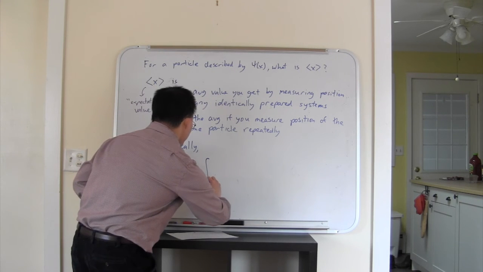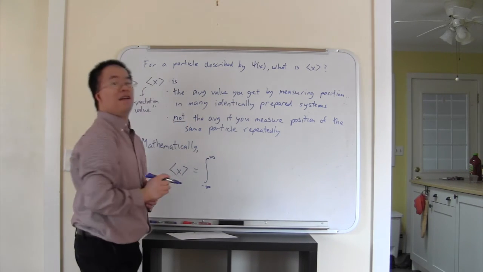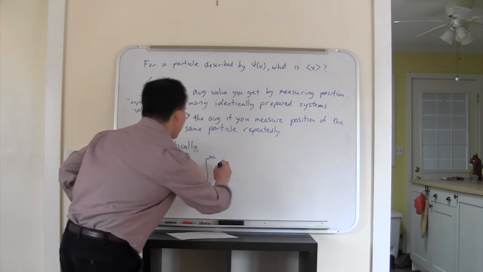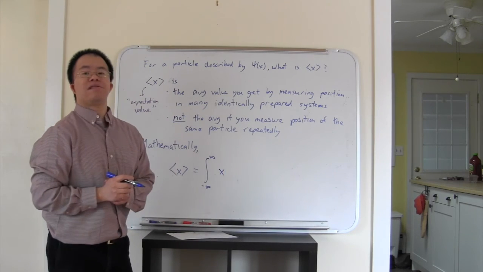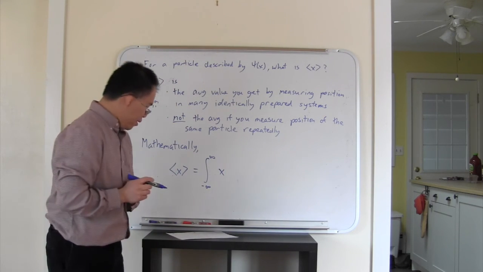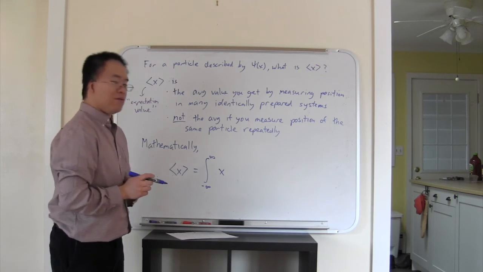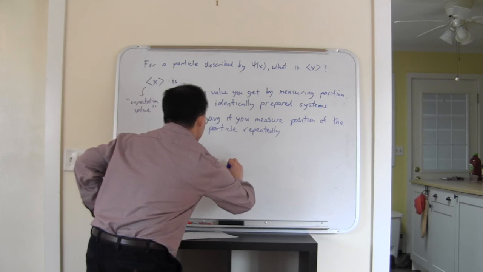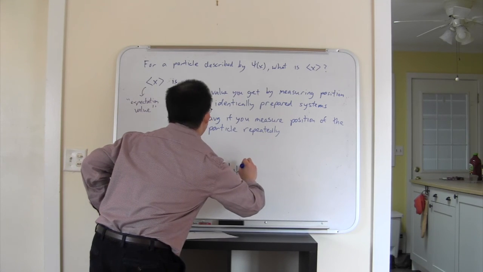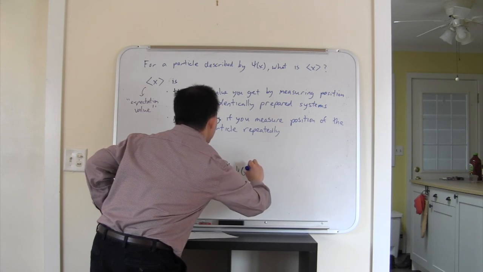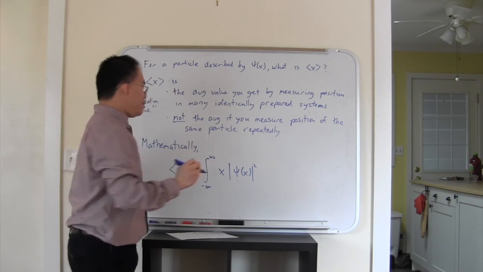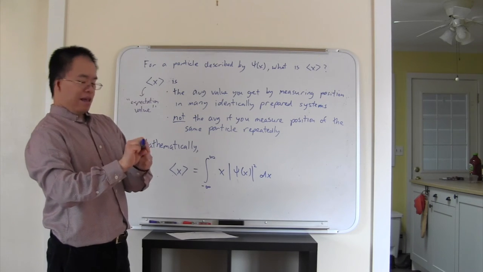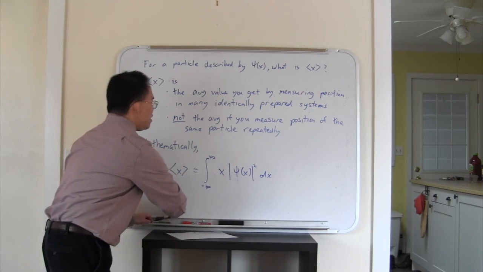It's going to be the integral from minus infinity to infinity of the value of x, times the probability of getting that value, which now comes from our probability density: psi of x modulus squared dx. So it's the same thing as we saw before, those same three elements.